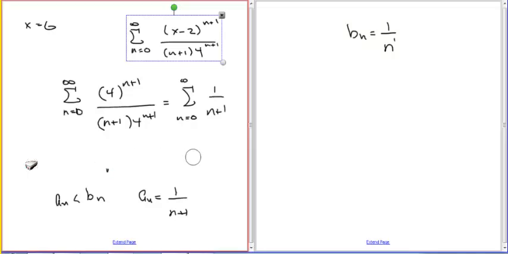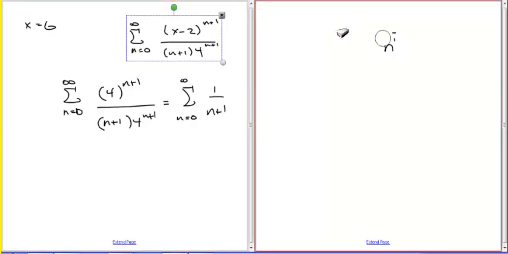So then you do the limit comparison test. Again, you'd still let b sub n equal 1 over n. If you take the limit as n goes to infinity of the ratio, in the limit comparison test it's a sub n over b sub n.